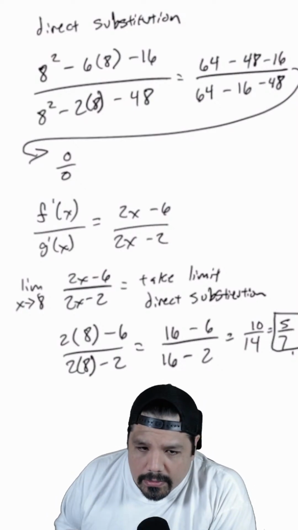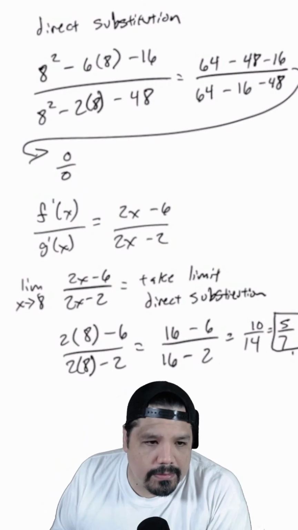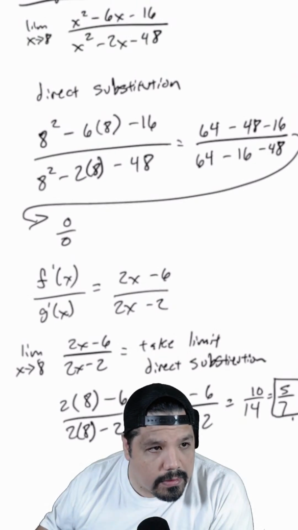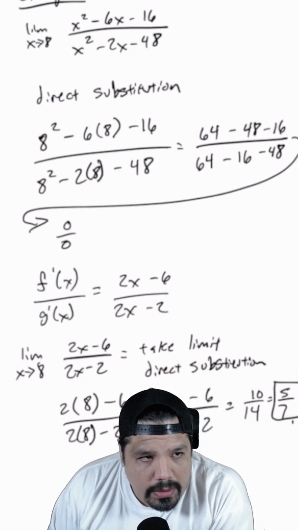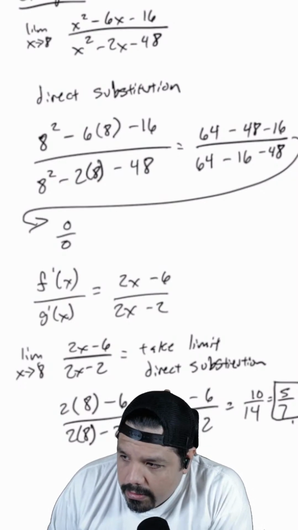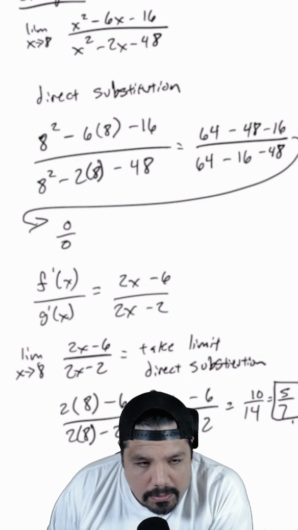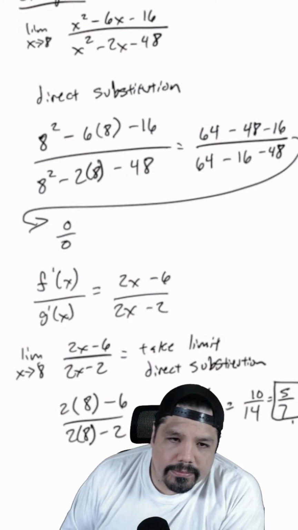Ladies and gentlemen, you have just found the limit as x approaches 8 for the function x squared minus 6x minus 16 all over x squared minus 2x minus 48.